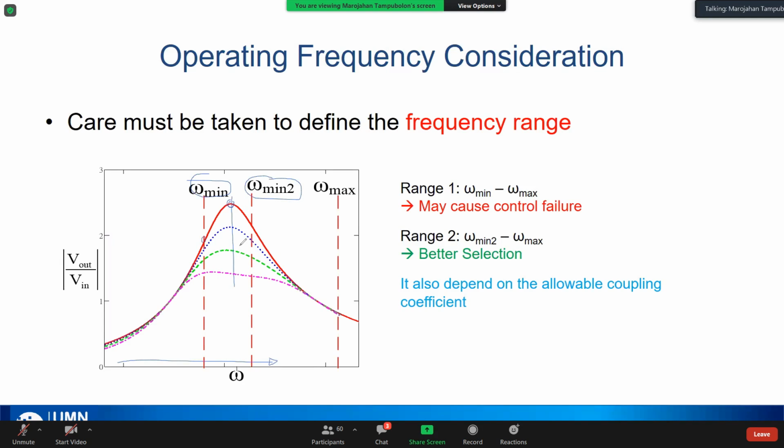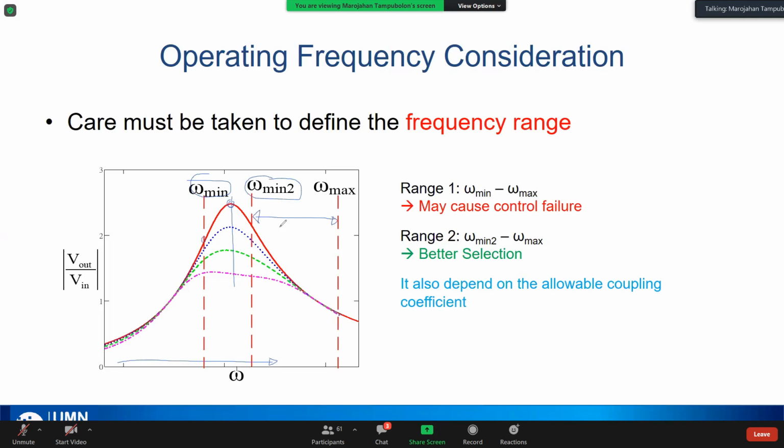So that's why in this type of system, we need to limit the frequency. Here, the best choice is to use omega minimum 2 to omega maximum. This is the better choice of the switching frequency.